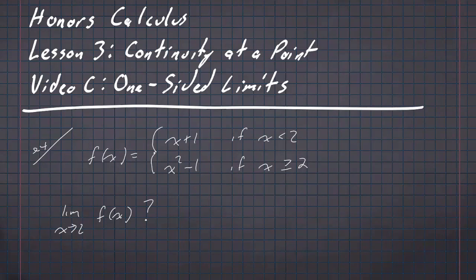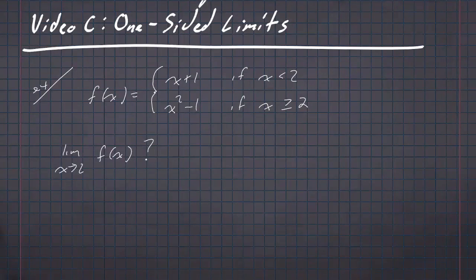So if we want to evaluate the limit as x approaches 2 of this function, we have to find a creative way of doing it. And the tool that mathematicians choose to use here is called the one-sided limit. The limit as x approaches 2 from the left of f of x: to the left of 2, we are looking at x plus 1.